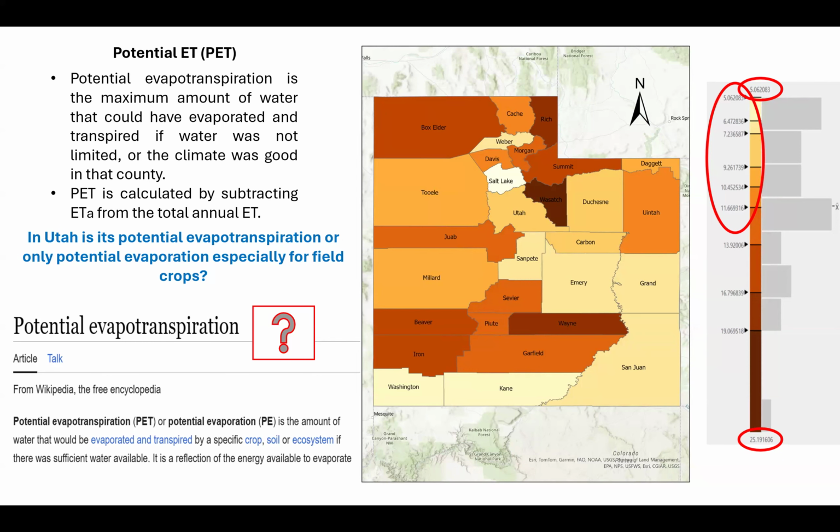They are dormant, so they are not using any transpiration. So alfalfa is only using the evaporation from the soil surface or during the snow period. So in Utah, it's only potential evaporation, not potential evapotranspiration. It varies according to the region where we are.